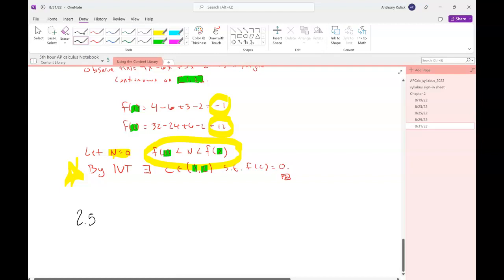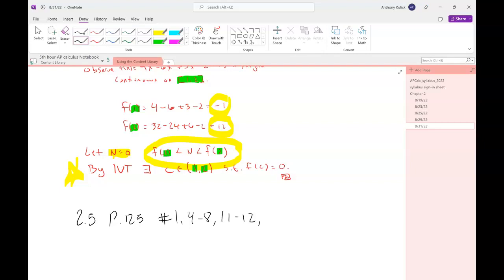So the 2.5 homework, if you're looking in the textbook, is on page 125. And this corresponds to the 7th edition, right? I think we all got that cleared up, where we're all using the 7th edition now.